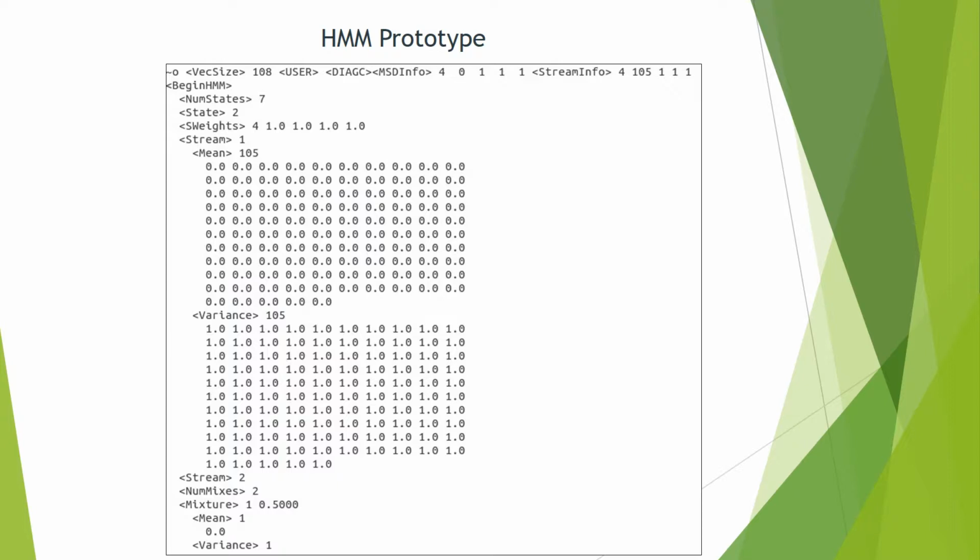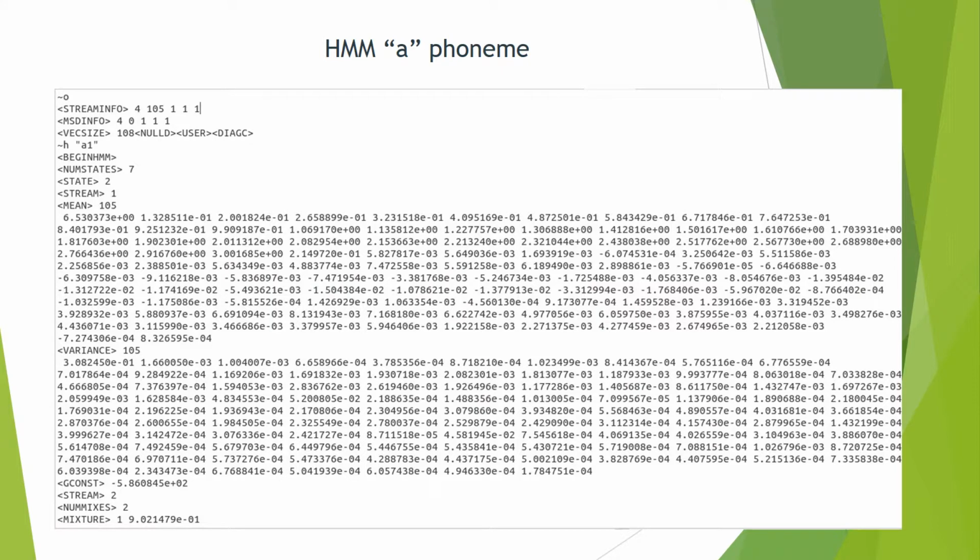But if we go to another HMM which has an A phoneme stored, we can see that the group of values here, all these values represent different variants of an A phoneme.